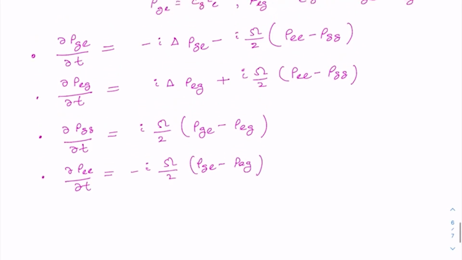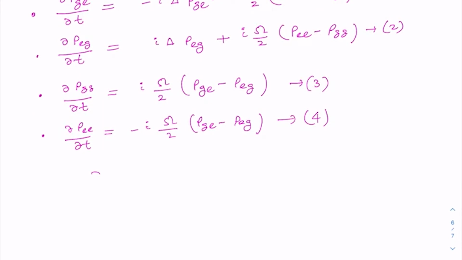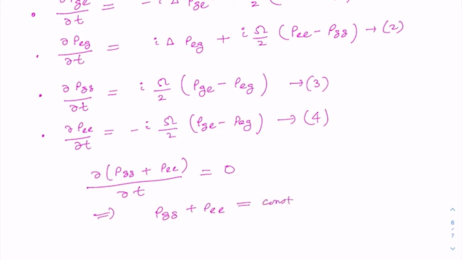Let me call these equations 1, 2, 3 and 4. If you look at equations 3 and 4, you can immediately see that if I just add 3 and 4, you get delta of rho zz plus rho ee delta t, which would be simply equal to 0. This implies that the total probability or the population, rho zz plus rho ee, is constant.